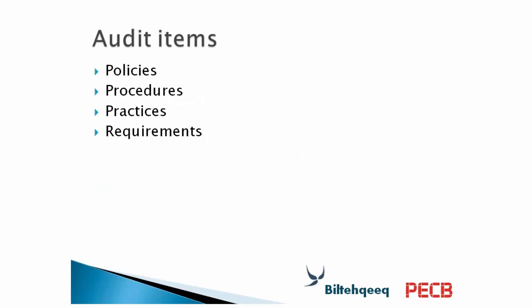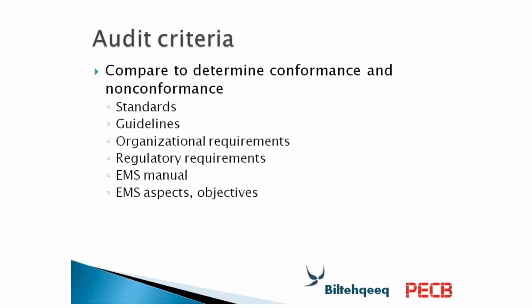So during the audit, you have to audit basically in four areas, which are the policies, procedures, practices, and requirements. You have to first determine the audit criteria against which you are evaluating these policies, procedures, and requirements.